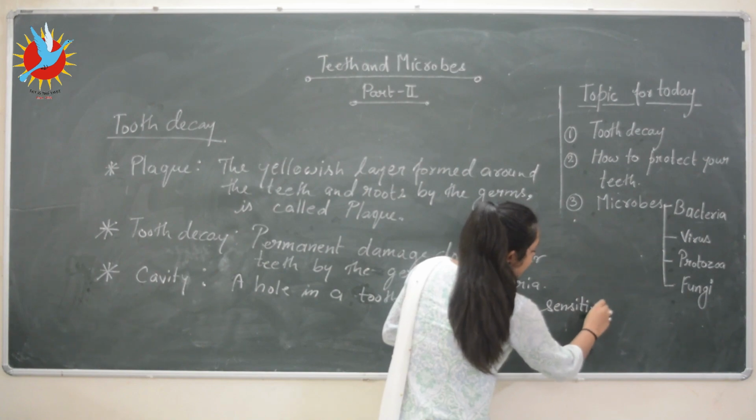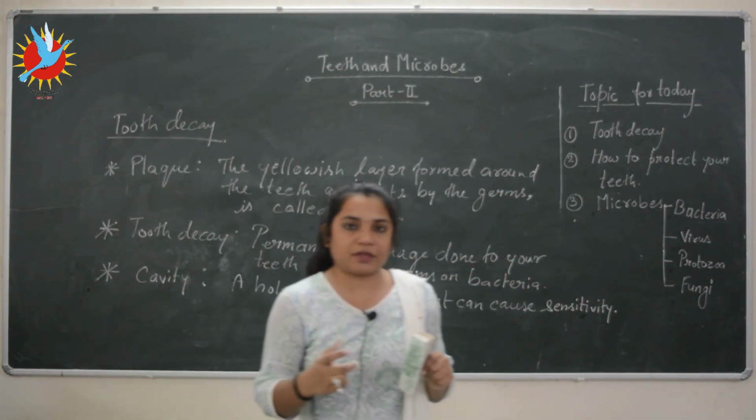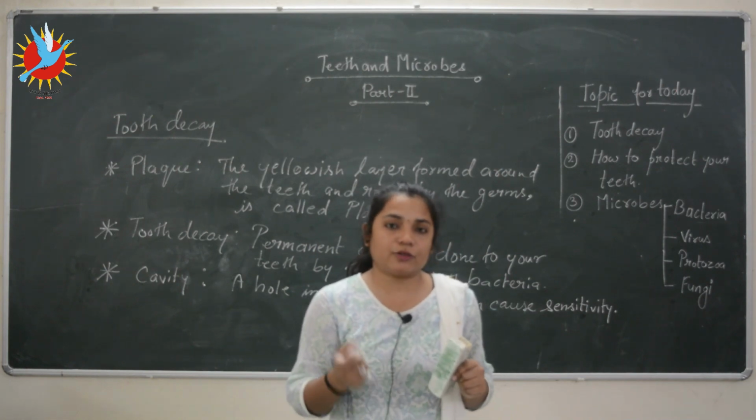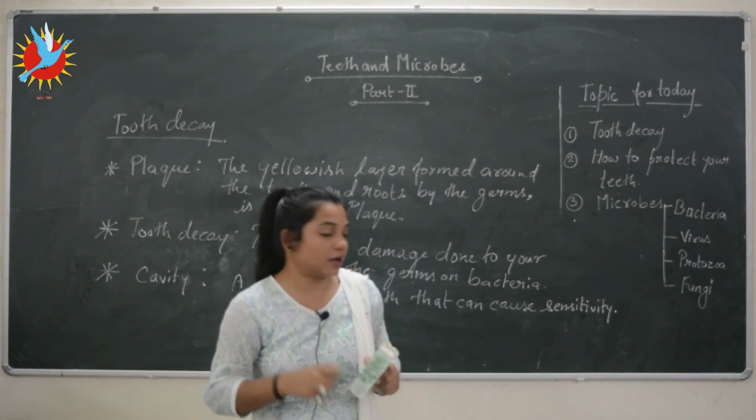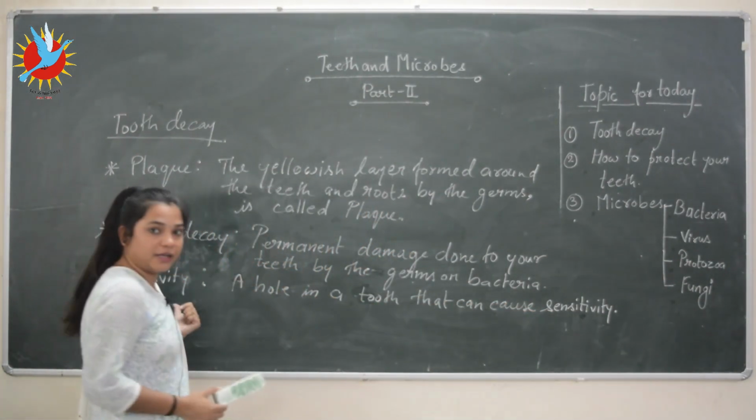Now you must be thinking, what is sensitivity? Well, whenever you eat something hot or so cold, you feel some sensations in your jaws. That is sensitivity, and it occurs due to cavity in your teeth.